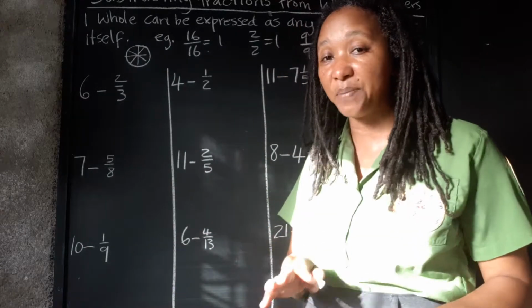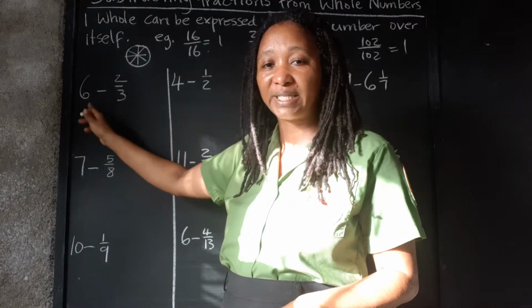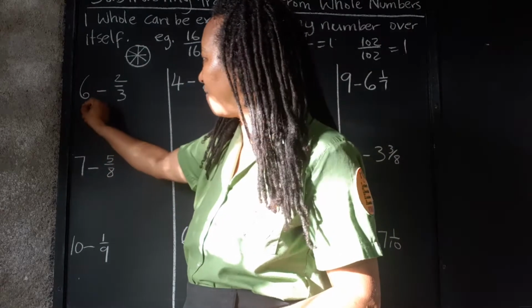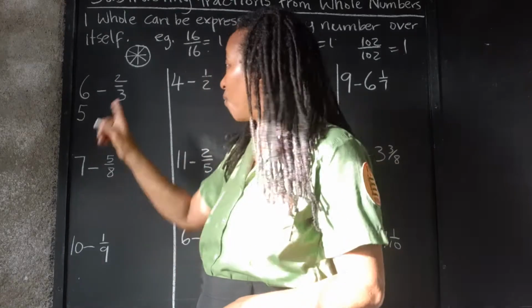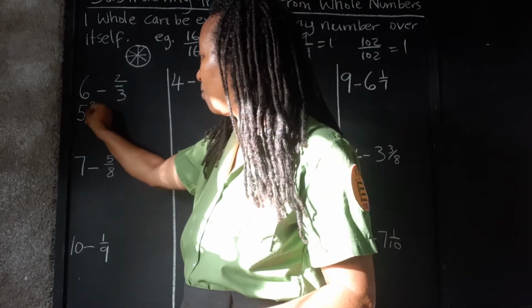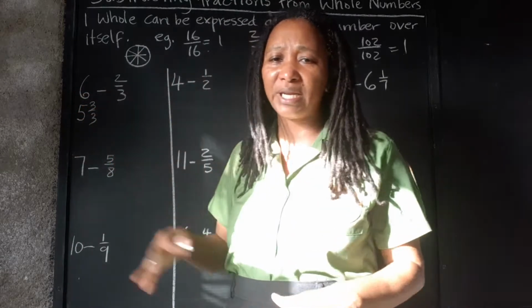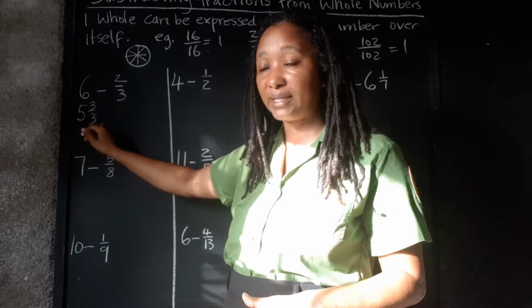So this is what I mean. We're asked to take 2/3 from 6. We're going to take 1 out of the 6, leave 5, and that one whole that we just took, we're going to express it as 3 over 3. So we have not changed the 6, we have just rewritten it as 5 plus 1 whole, right?